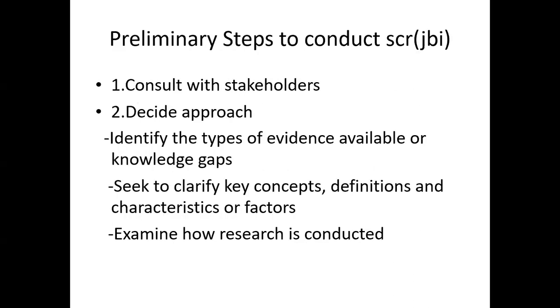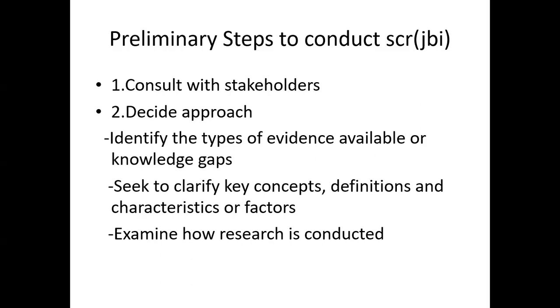So, preliminary steps to conduct a scoping review. The first step, you consult with stakeholders. Then two, decide the approach. Which approach are you going to take? Are you going to do everything, or are you going to focus on one of the things? You can focus on identifying the type of evidence available and the knowledge gap.